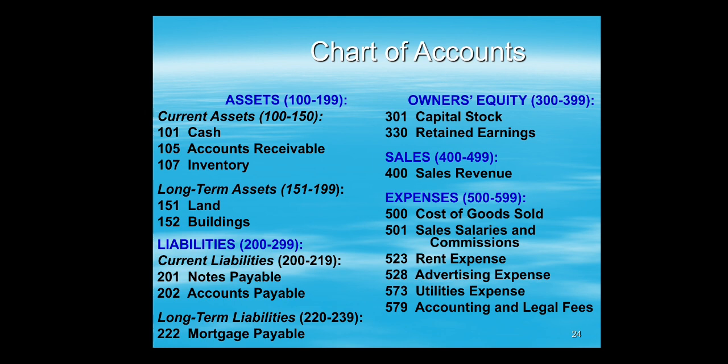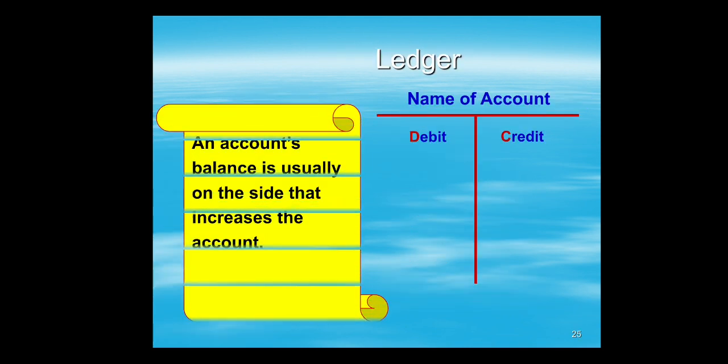So this chart of account makes it easy for you to check. Let's say one day you want to see the sales revenue only, so you can see the reference number is 400. So you open page 400 in the ledger, or you search for number 400, and you can see all the record related to sales. Okay, the ledger is like a book. In the ledger, there are many accounts.